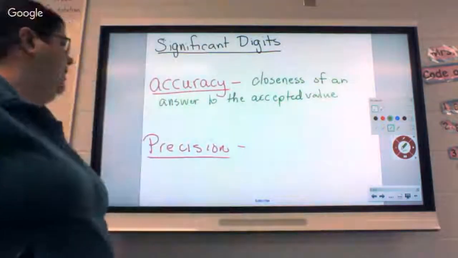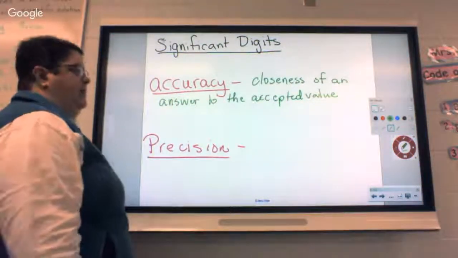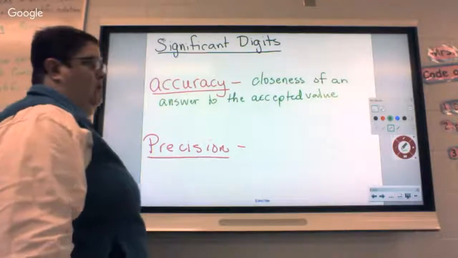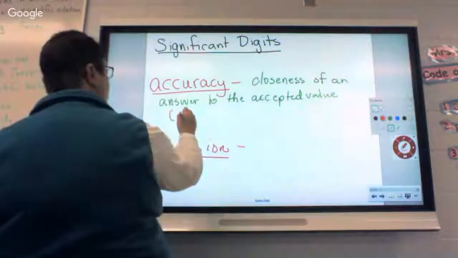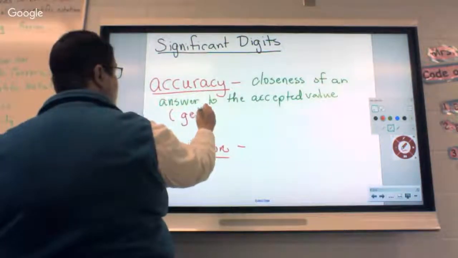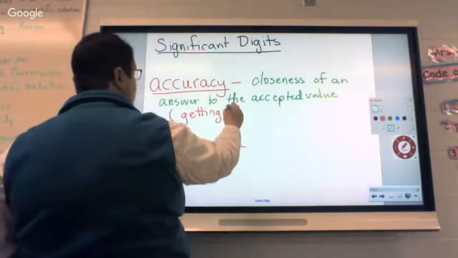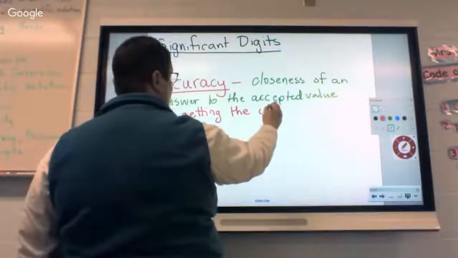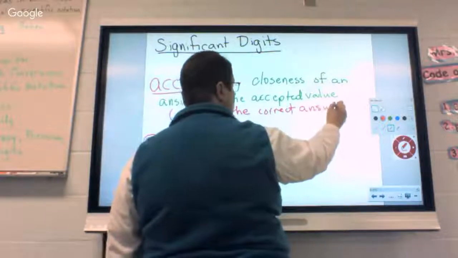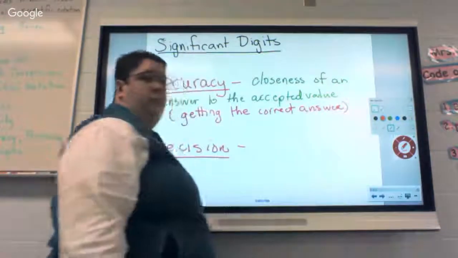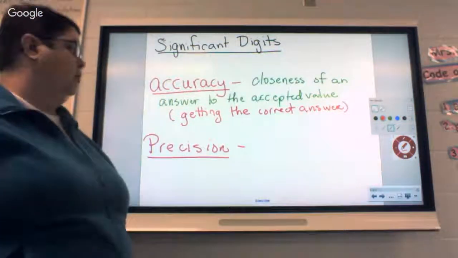The closeness of an answer to the accepted value. Now, what does that mean in English? Basically, it means getting the correct answer. Being able to get the correct answer is accurate.